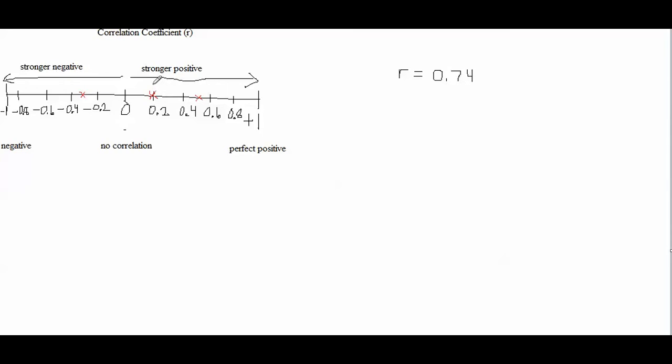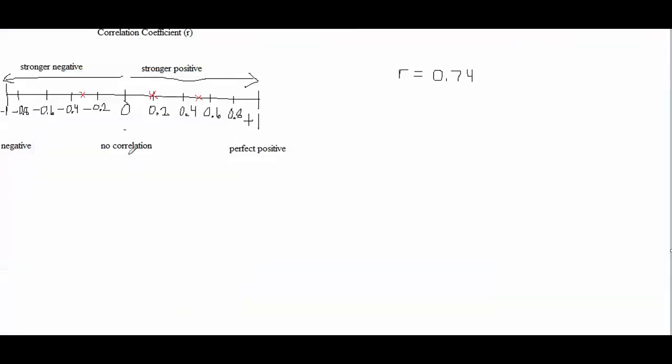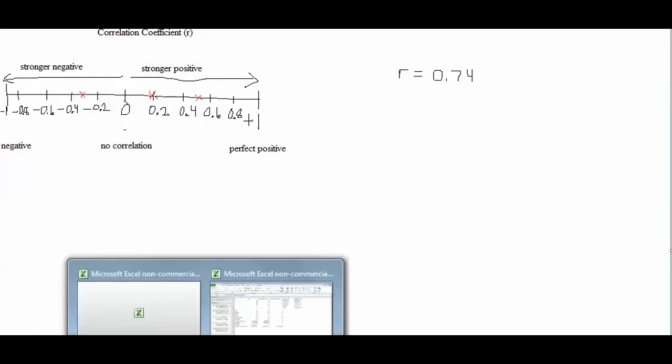So let's focus on these two positive correlations for a second. One of them was for age and number of units, and one was for units and number of children. Let me check that again.